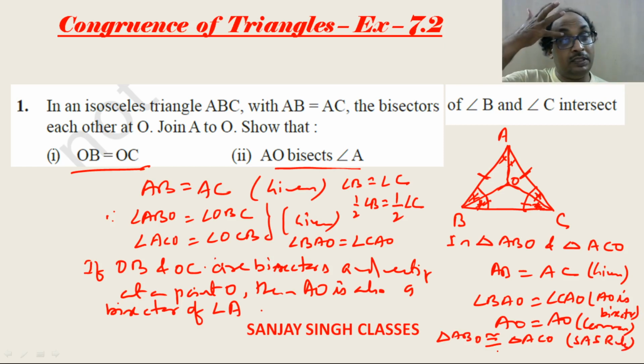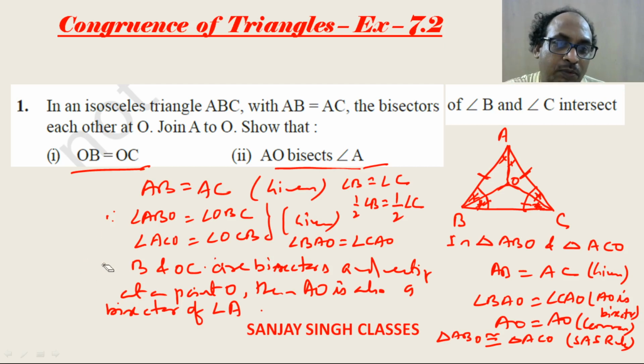SAS rule of congruence. Once the two triangles have become congruent, we need to prove that AO bisects angle A. So that part we should not use it here. Though it is true, we will not be using that concept.